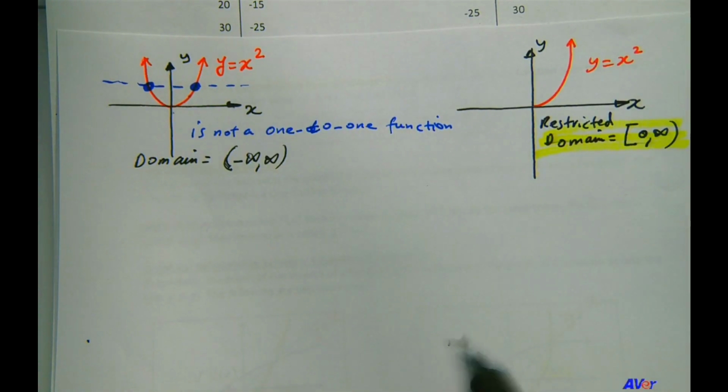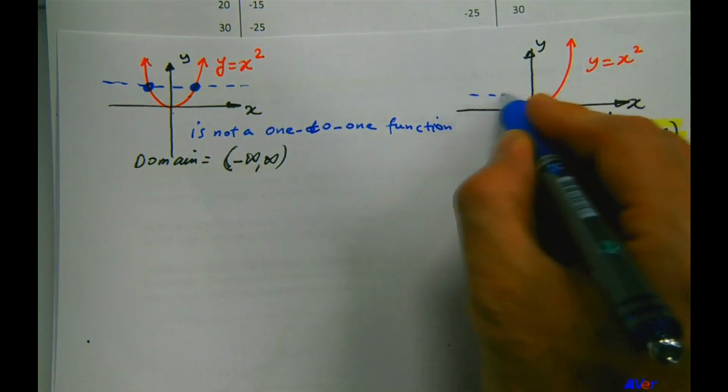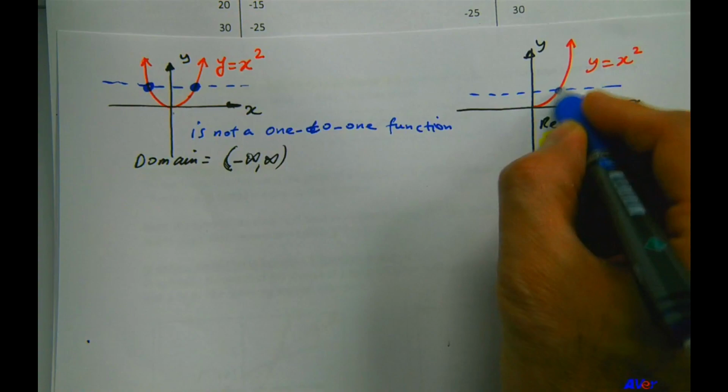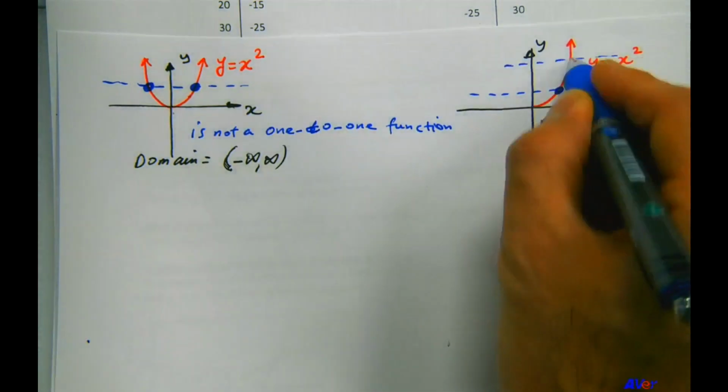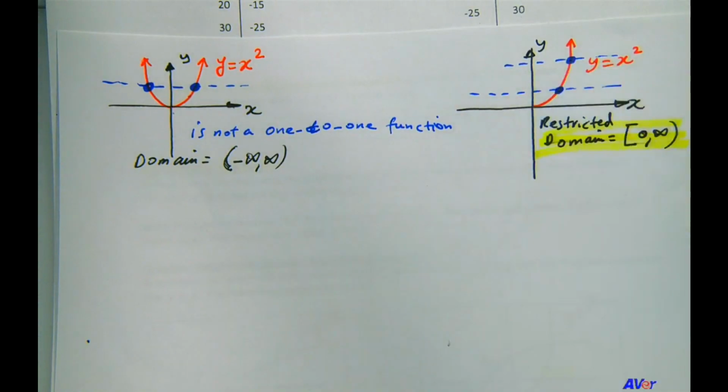Because now, if you run the horizontal line test, this function, the one with the restricted domain, for sure will pass the horizontal line test, right? You can draw a horizontal line anywhere, and it will cross the graph of this restricted function at only one point.